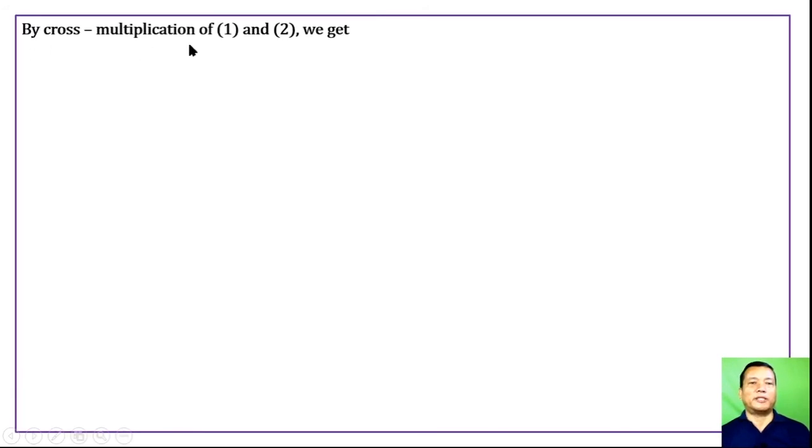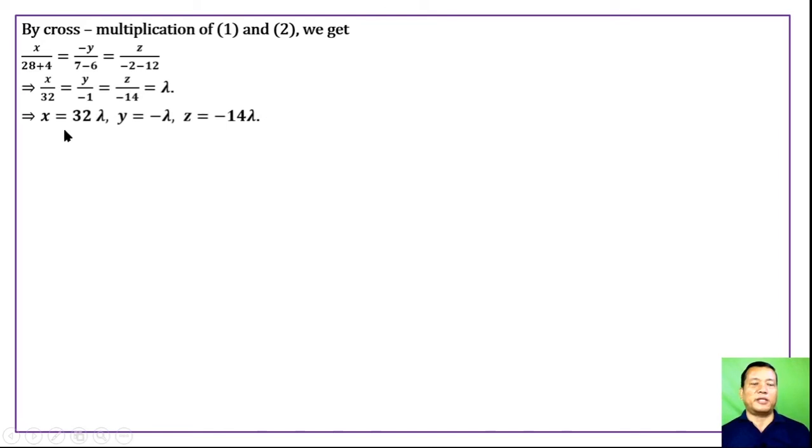By cross multiplication of equations 1 and 2, x divided by 20 plus 4 equals y by minus 7 minus 6 equals z by minus 2 minus 12. In simplest form, let this equal lambda. That gives x in terms of lambda.